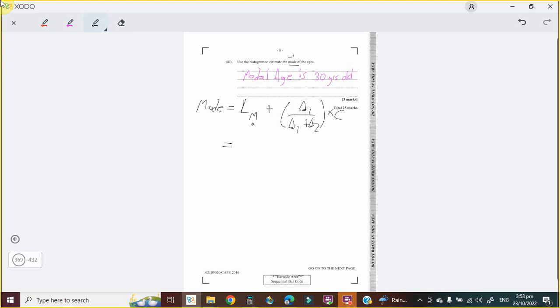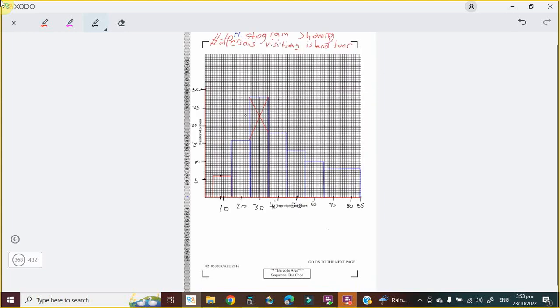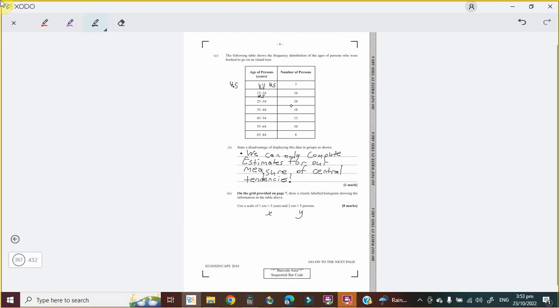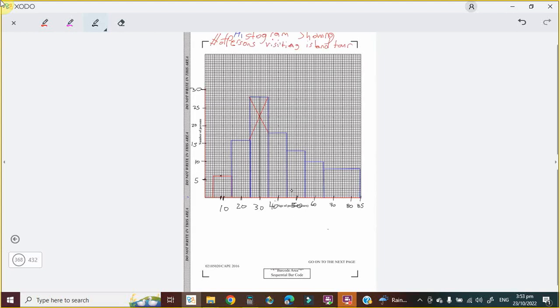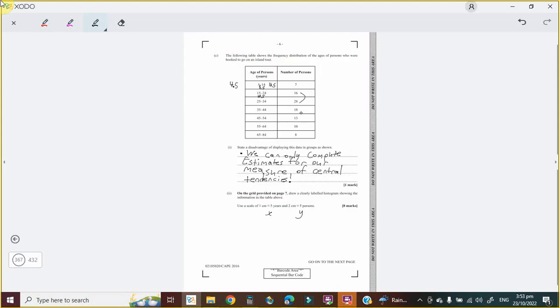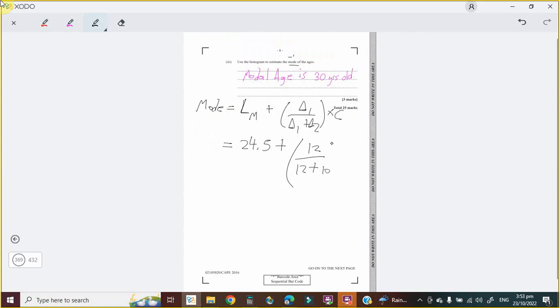So the lower class boundary of the modal class, modal class is the 24.5 to 34.5. So 24.5 plus del 1, the change from 16 to 28, I believe that's 12, over 12 plus del 2, the change from 28 to 18 is 10. So del 2 is 10, multiplied by the class size.